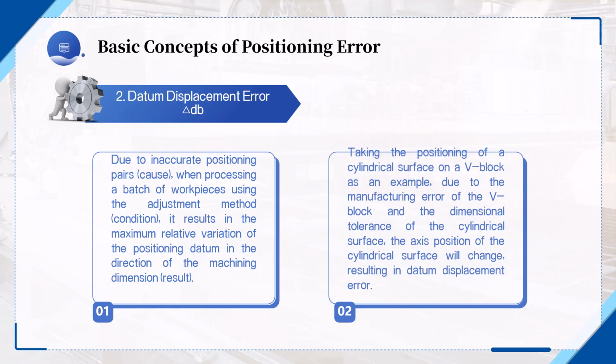Take the example of positioning a cylindrical surface on a V-block. The manufacturing error of the V-block and the dimensional tolerance of the cylindrical surface can lead to a change in the axis position of the cylindrical surface, thereby resulting in datum displacement error.